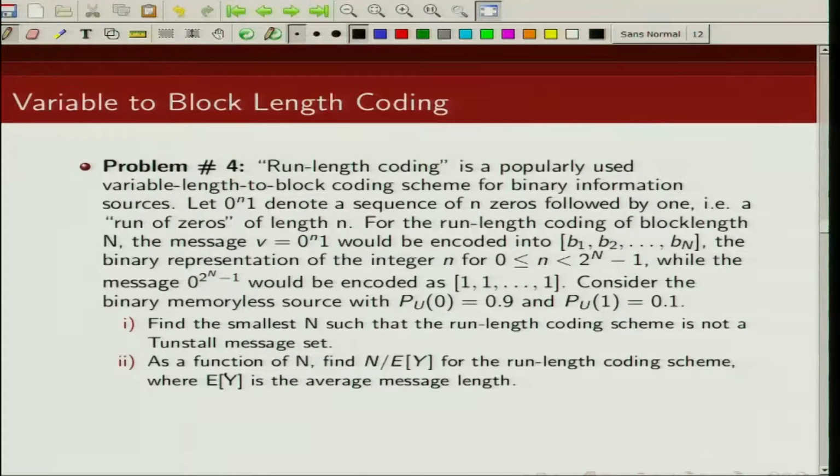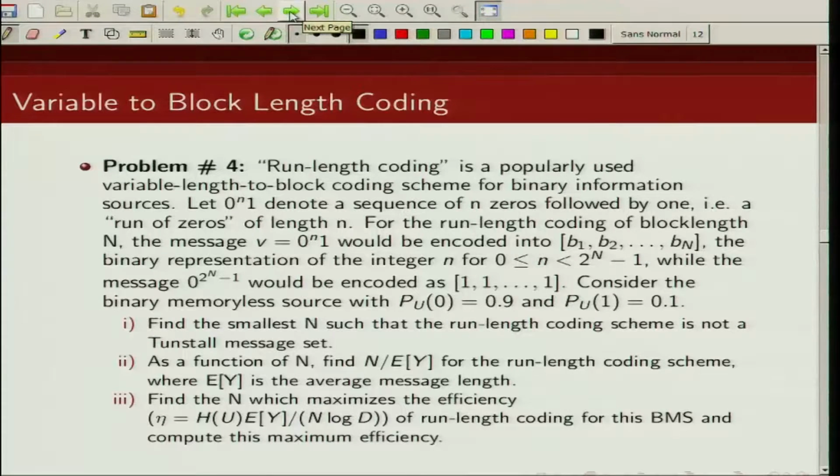The next question is, as a function of this n, find the ratio of output code word length, which is n, divided by the expected code word length of the input, which is the expected value of y. Find this ratio as a function of n.